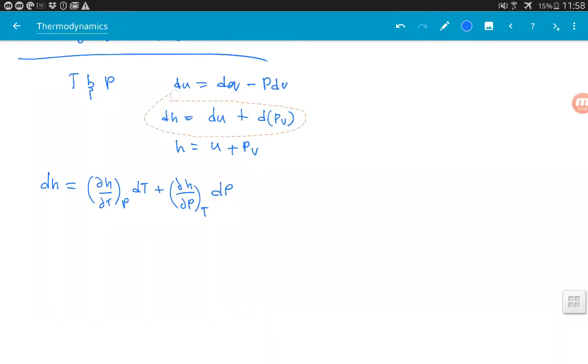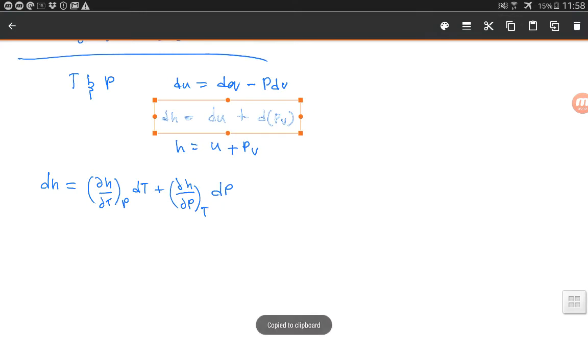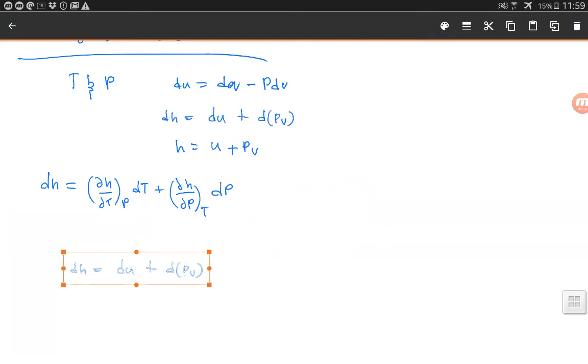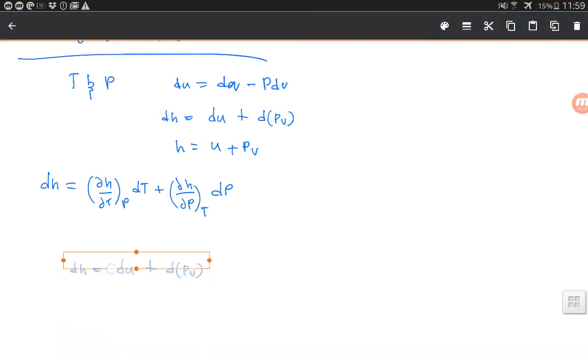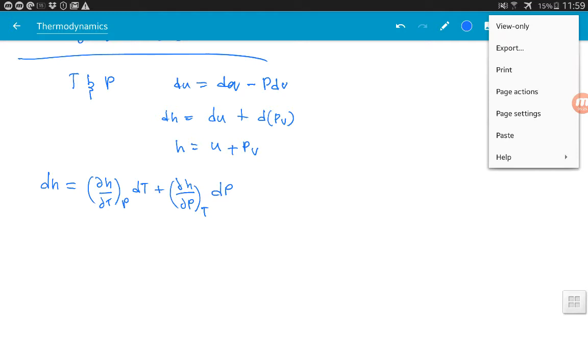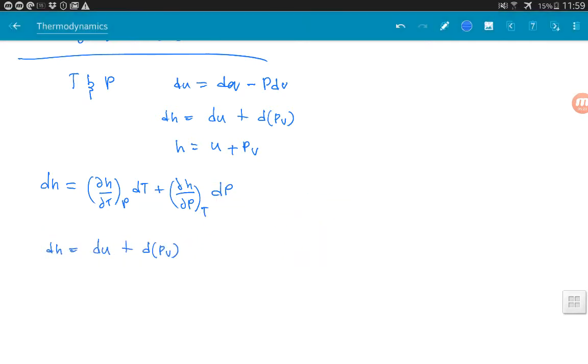So we do this one again. Instead of just giving it as a general form, we can expand this, so it will become P dV plus V dP.